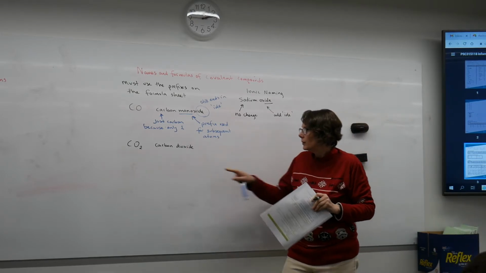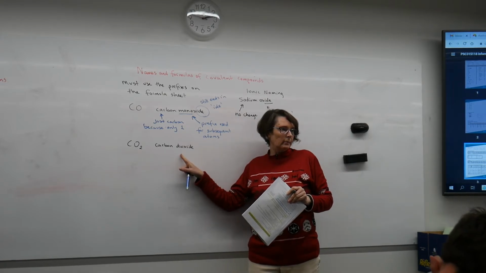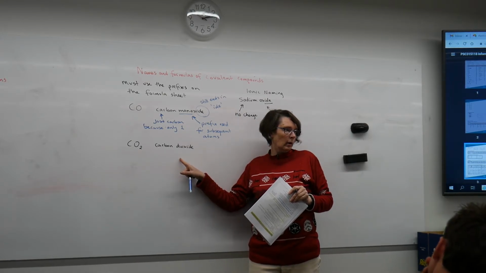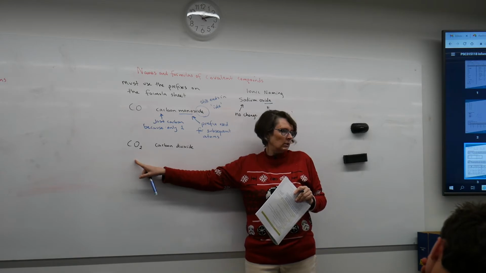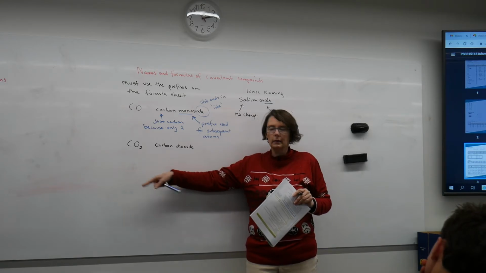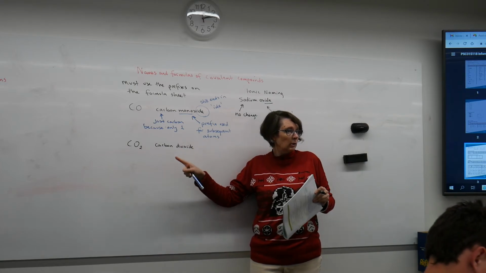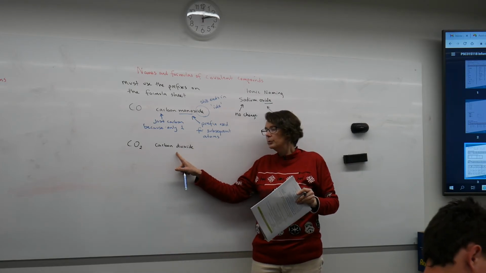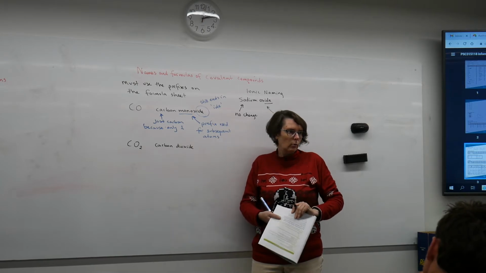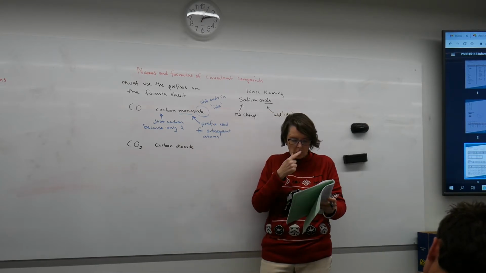And so, if we didn't say the dioxide part here, we wouldn't know that this was the structure that we needed to draw. Okay, does that make sense? And we're still calling it carbon because there's only one, but we have to put the prefix in to say what's present for our other molecule.